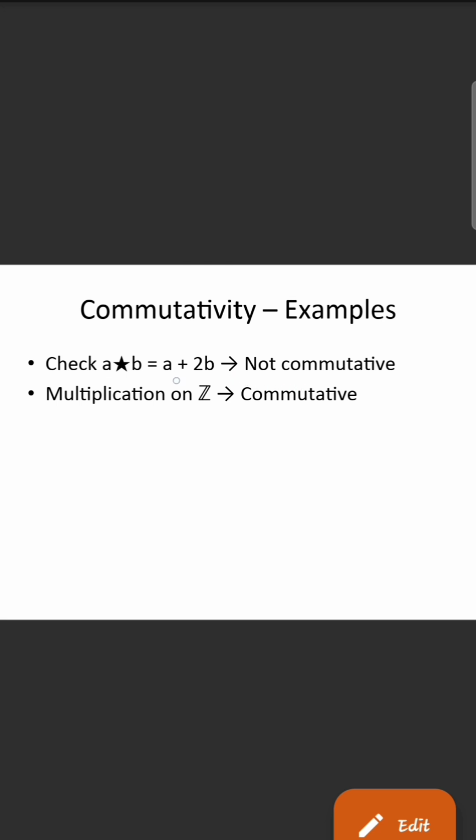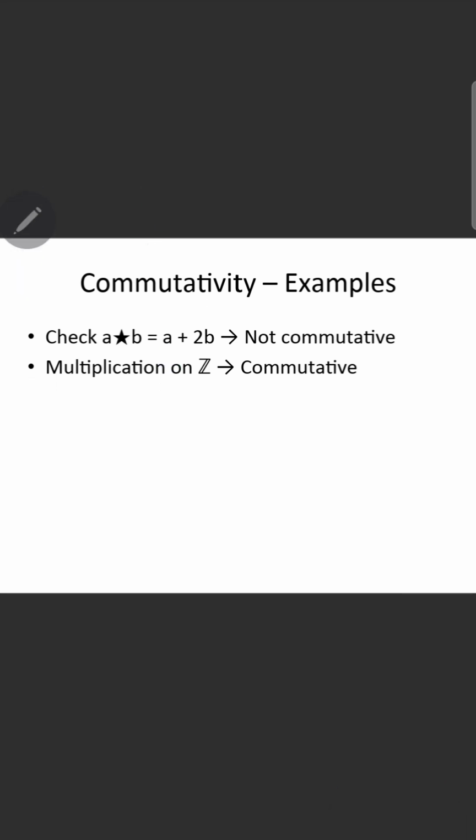We have done this type of example before, when I wrote A operation B is equal to A plus 2B, we used it under the distributive property. So let me use it for commutativity for you to see that it is not commutative.